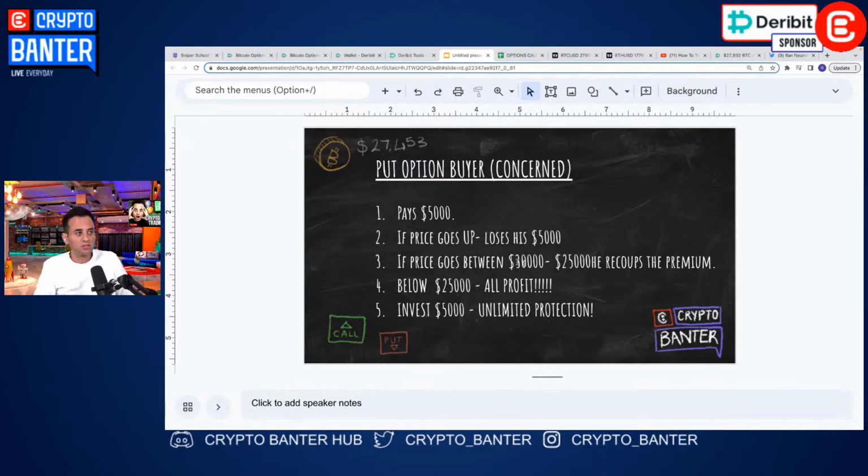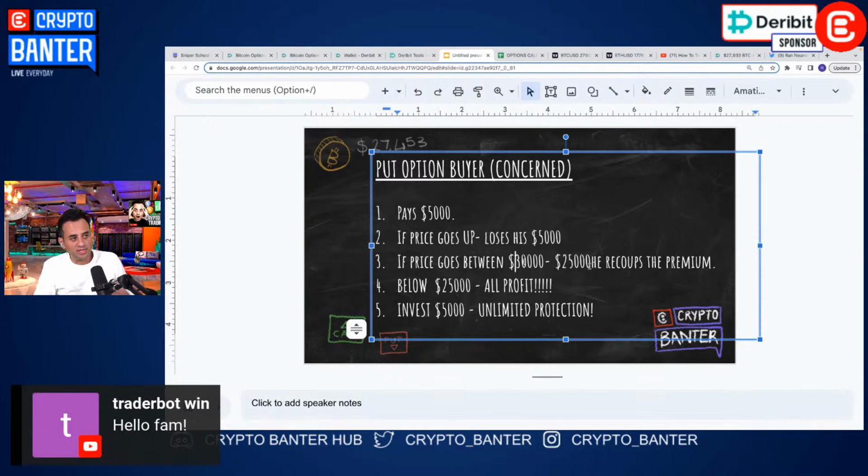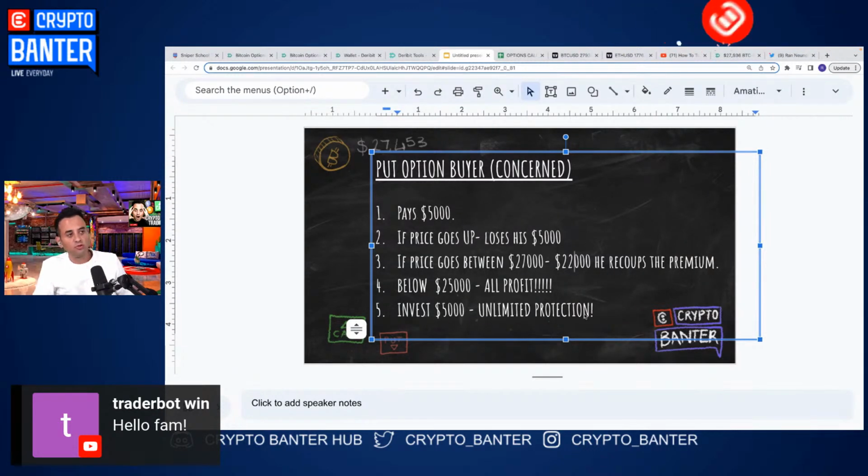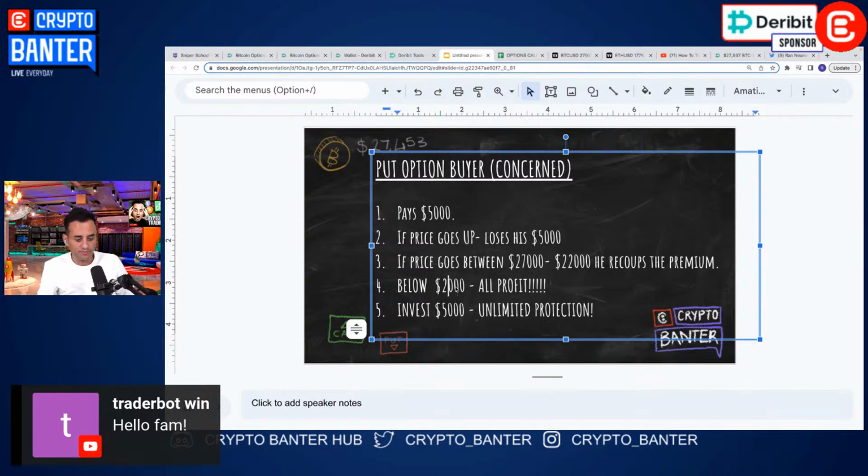If the price goes between 27,000 and 22,000, you start to recoup your premium, and below 27,000 is all profit.